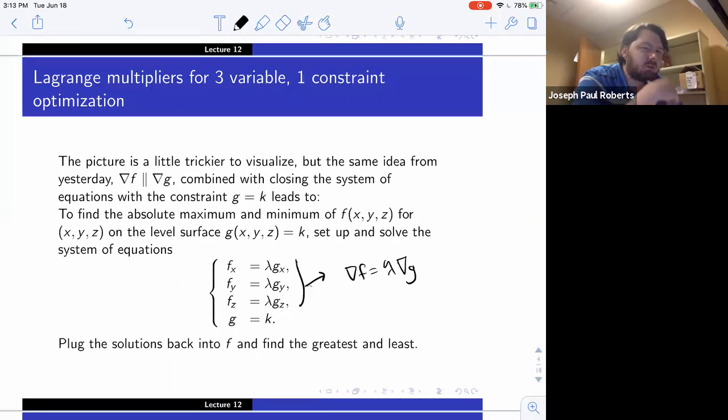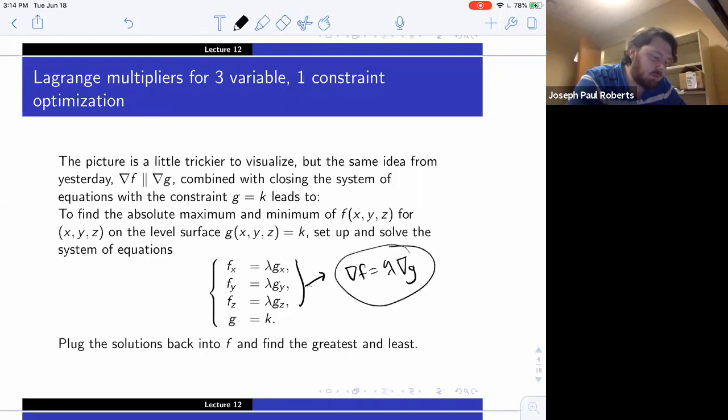It's harder to do for this 3-variable case because the contour map of f of x, y, z is going to be a bunch of surfaces, and it's pretty tricky to draw. But you could just take my word for it that for this situation, we're still interested in these vectors being parallel. And so we get this same kind of system, except now since these functions are of x, y, and z, there are 3 variables, so the gradient vectors are 3-dimensional vectors.